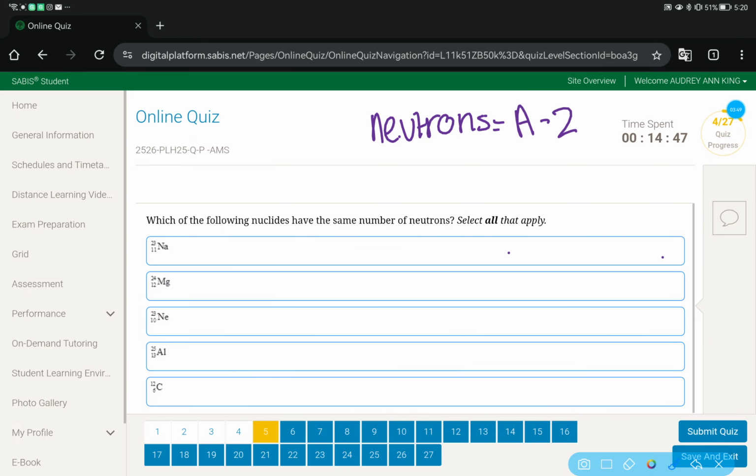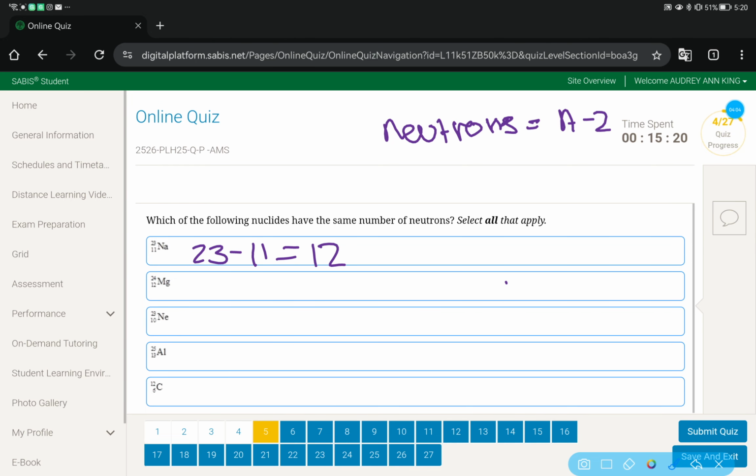Applying this formula on all of them: 23 minus 11, so you get 12 neutrons. 24 minus 12, you get 12 neutrons. 23 minus 10, you get 13 neutrons. 25 minus 13, hold on, is that 25?